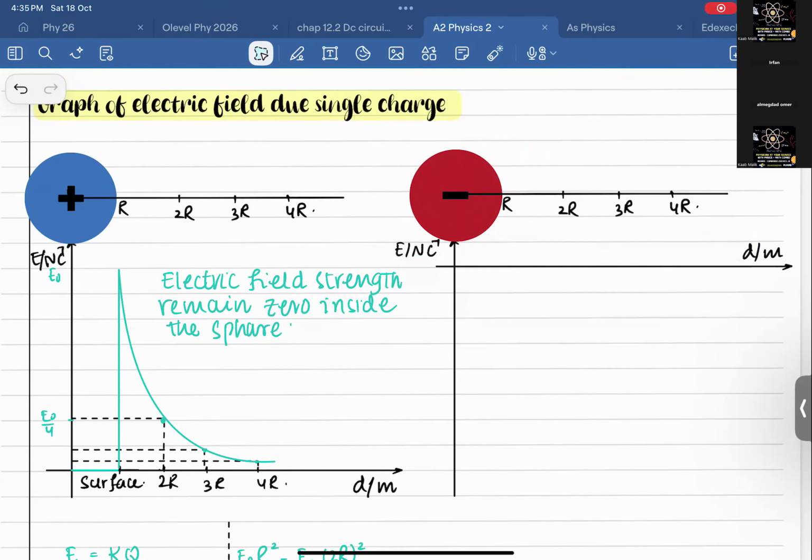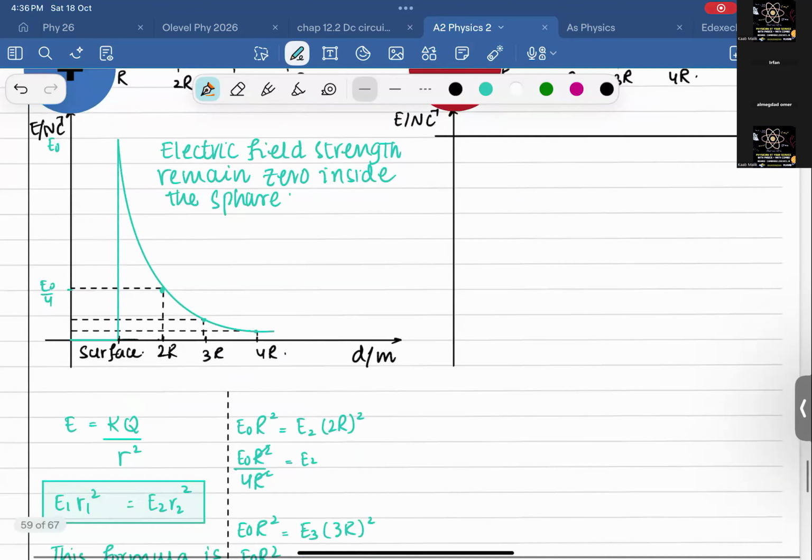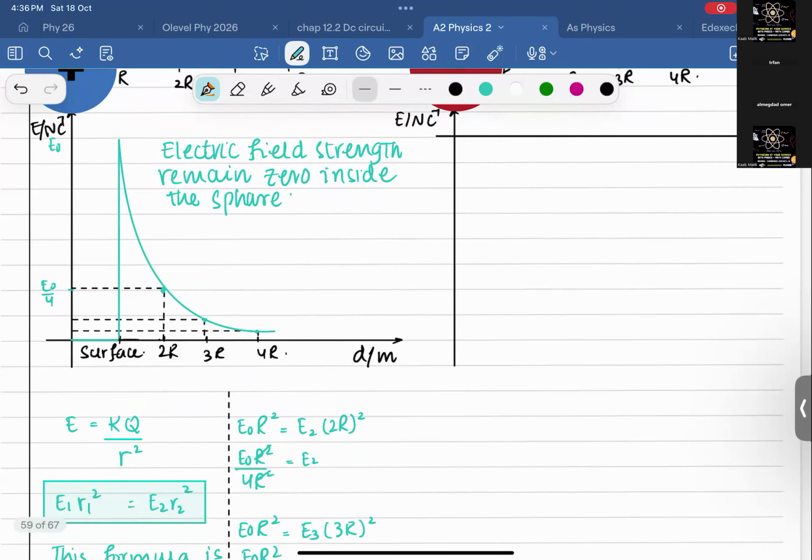Okay, and I have these distances, right? So always keep in mind the first thing: the electric field strength remains zero inside the sphere. This is the first thing that you need to remember.